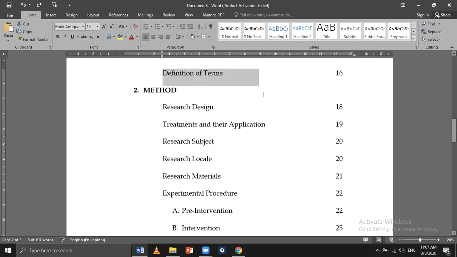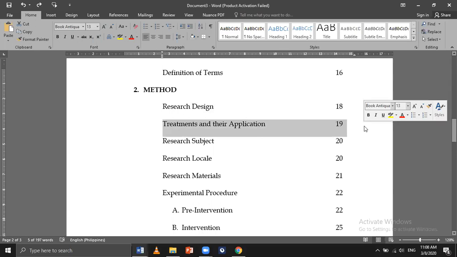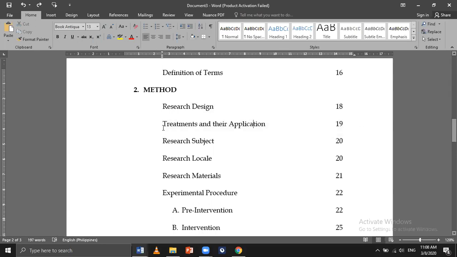Now, let's go to chapter 2, Method. There are slight differences between non-experimental and experimental quantitative researches. The research design will stay as it is. However, the treatments and their application can only be found in experimental scientific quantitative researches.